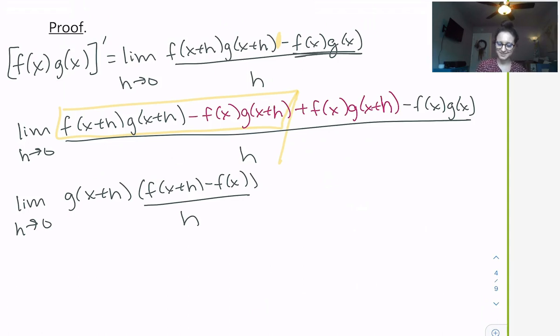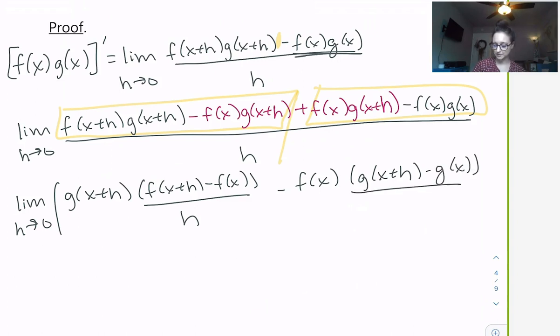Looks familiar, right? Okay, and then if I take a look at that part, remember that's still all over h. What does that part of the numerator have in common that I could factor out? Yeah, that part I can factor out f of x. So what's left is g of x plus h minus g of x all over h. Should also look familiar, right?